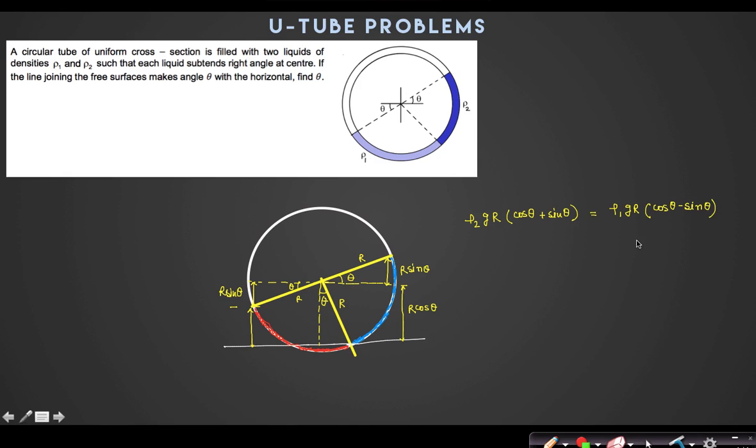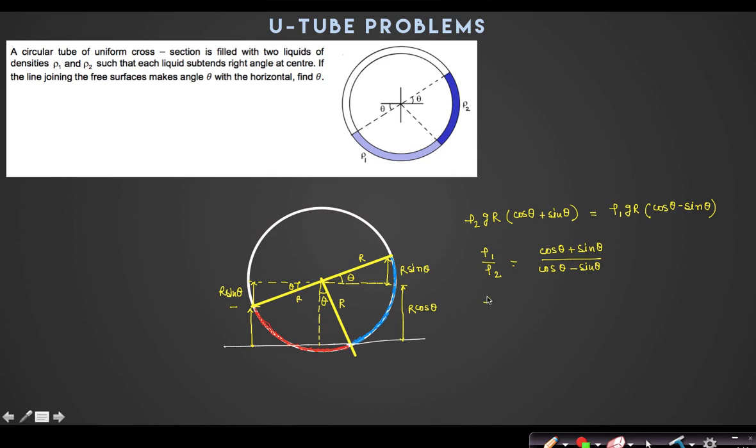Yes. So g and r get cancelled out. So rho 1 by rho 2 is equal to (cos theta plus sin theta) divided by (cos theta minus sin theta).